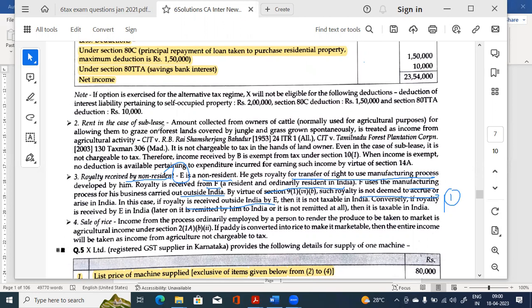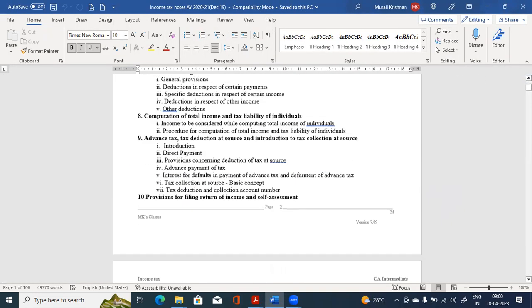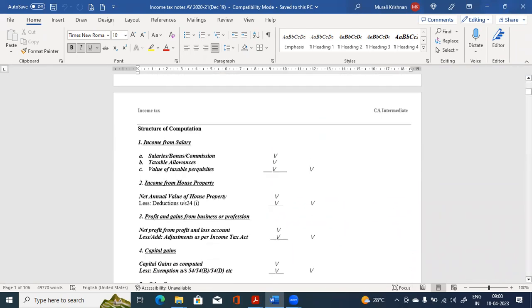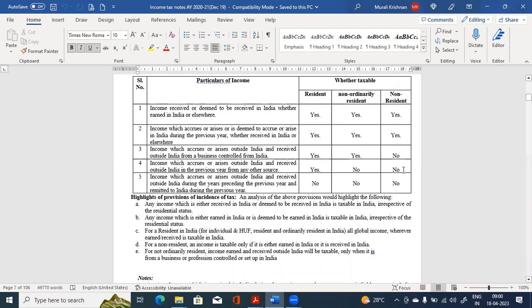I'll just see if I can show you that chart. You remember this chart? This is what we are talking about. That is deemed to accrue in the definition.